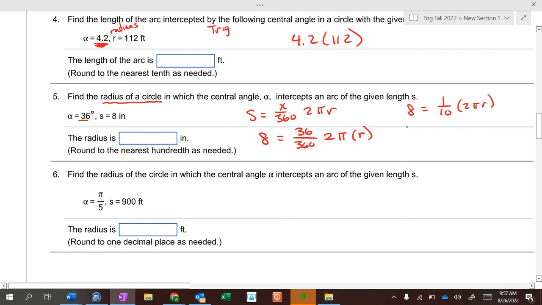If we multiply by 10 on each side, 80 equals 2 pi r. Divide by 2, 40 equals pi r, and divide by pi. So the radius equals 40 divided by pi, which is like 11 or 12 or something like that.